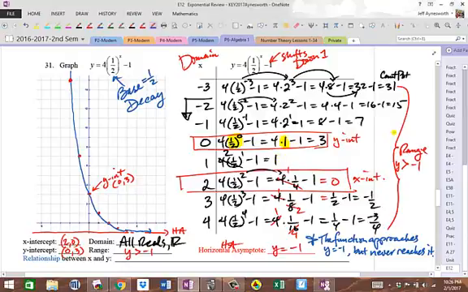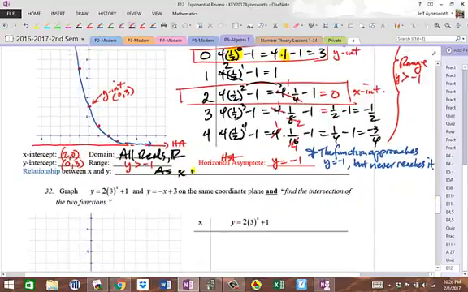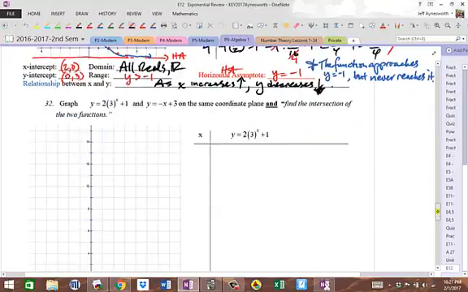So as x goes up, y decreases. It's an inverse relationship, something I've been talking about in class a lot. Growth functions both increase. Decay or decreasing functions, one increases as the other decreases.